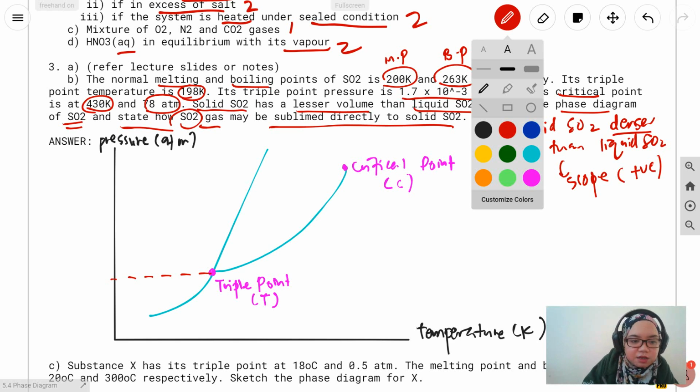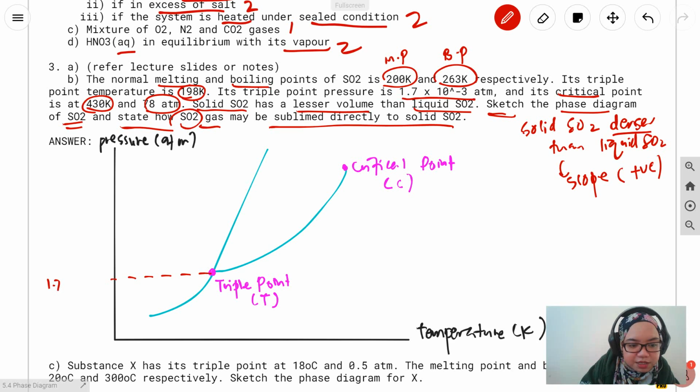And the triple point temperature is 198 Kelvin.